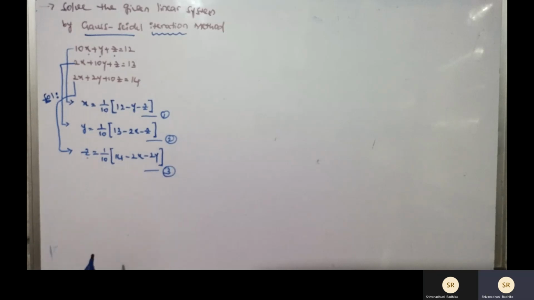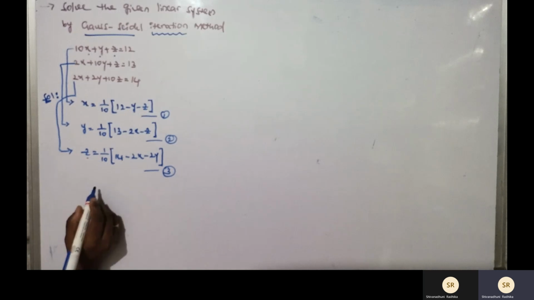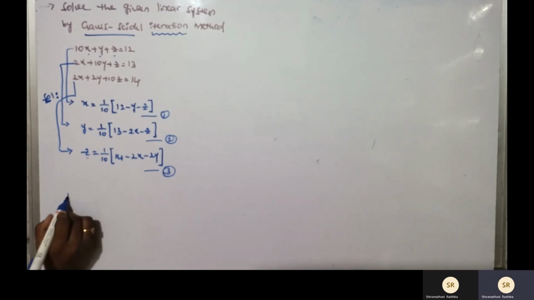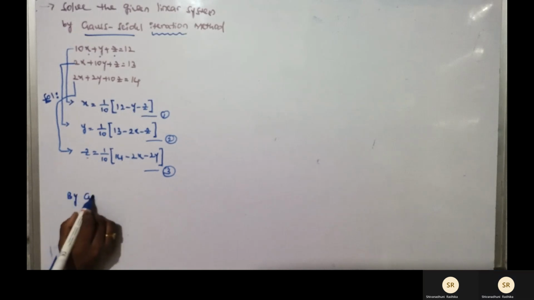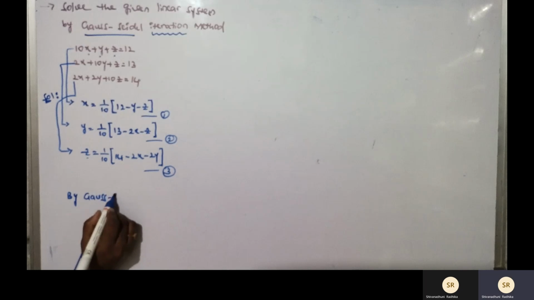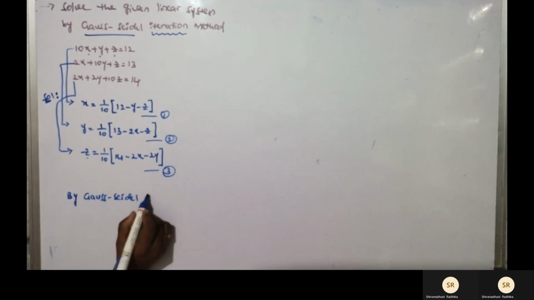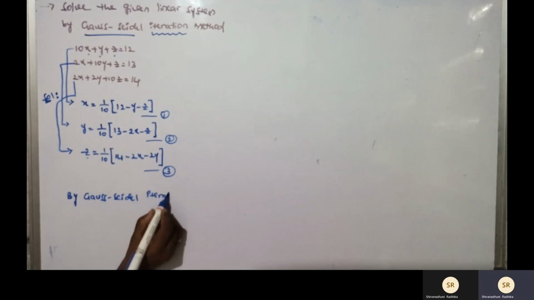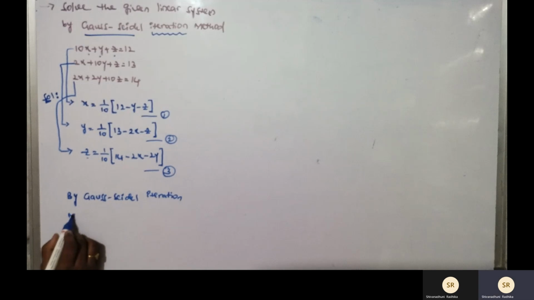And the concept of substitutions is Gauss-Seidel. So what is the Gauss-Seidel iteration method? We are going to substitute the previous values in the further steps. Now we go for the first step.